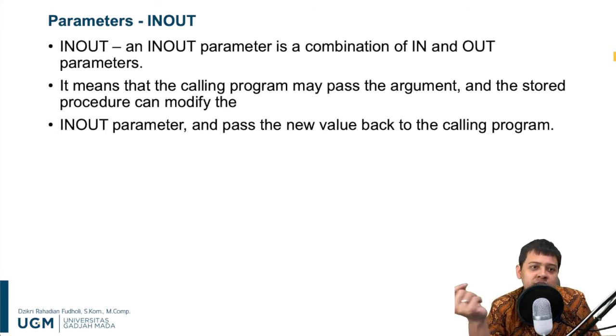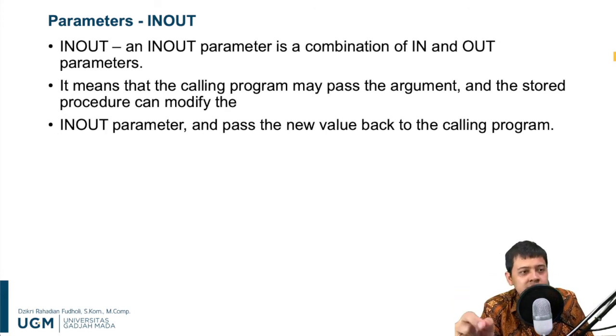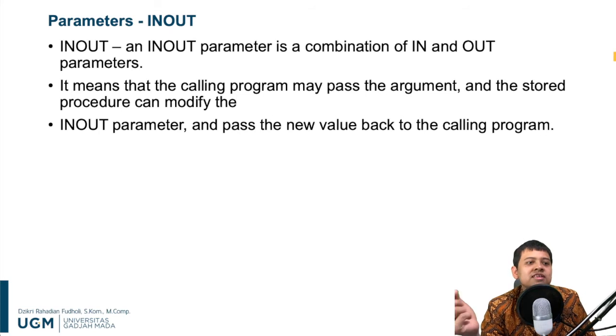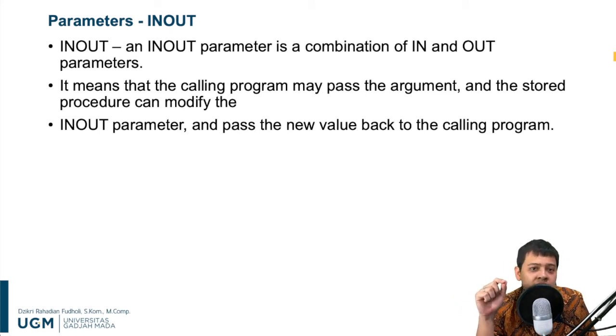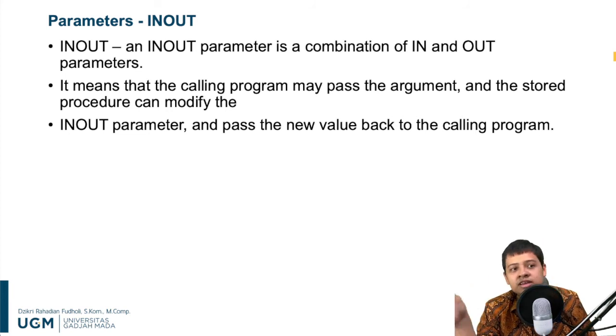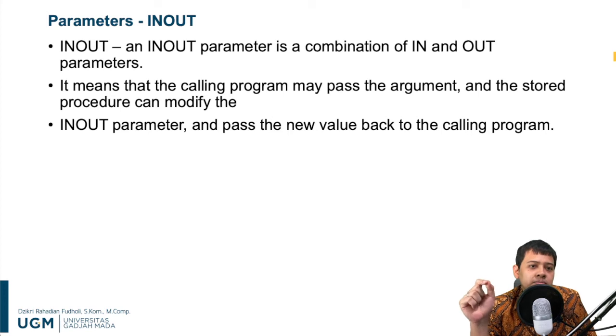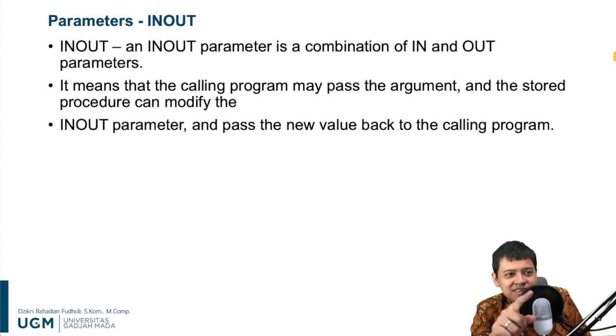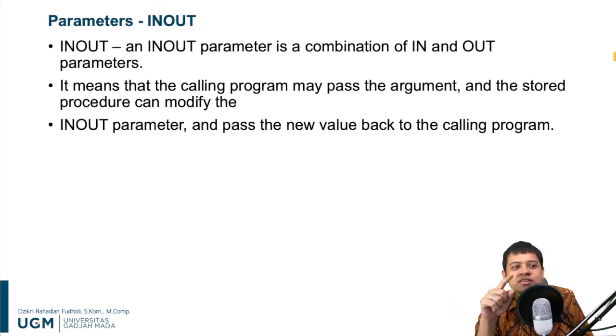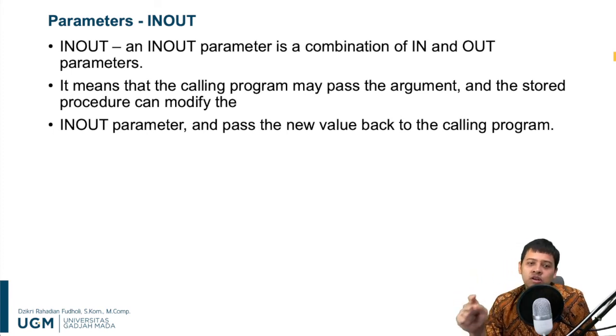An INOUT parameter is a combination of IN and OUT parameters. It means that the calling program may pass an argument, and then the stored procedure can modify the INOUT parameter and pass the new value back to the calling program.